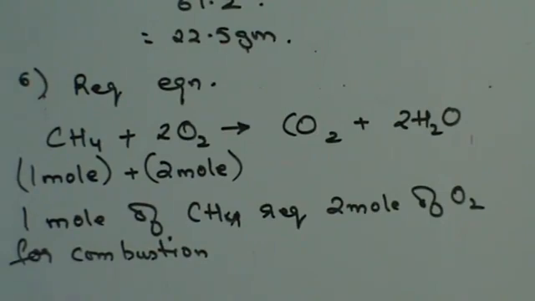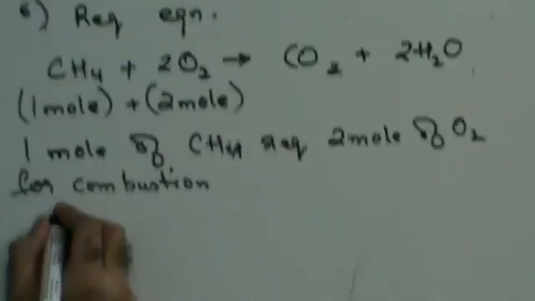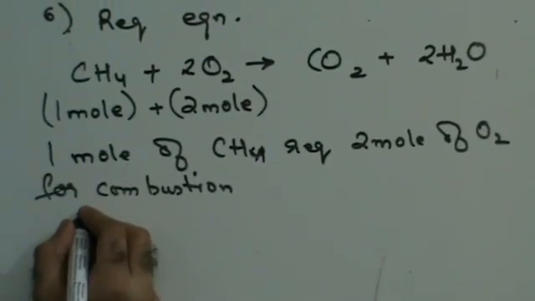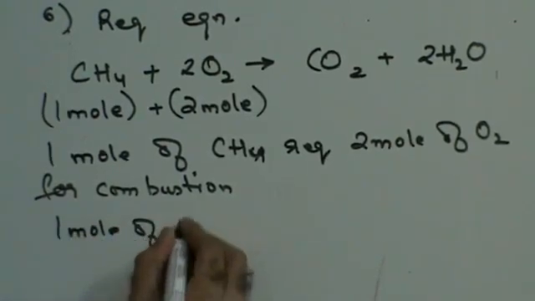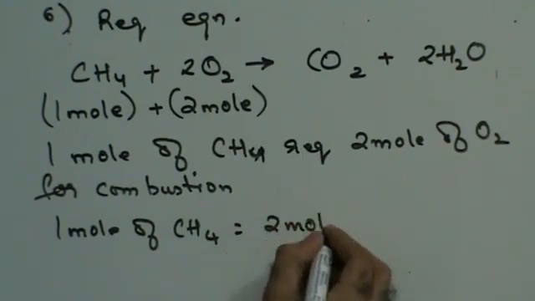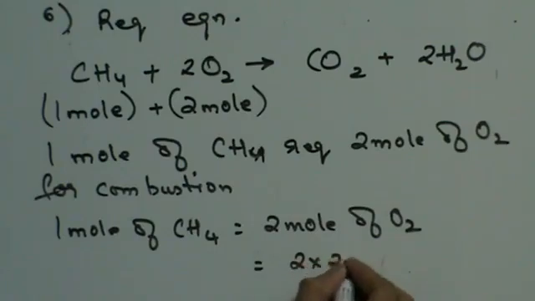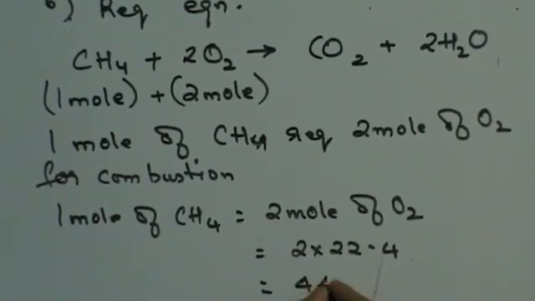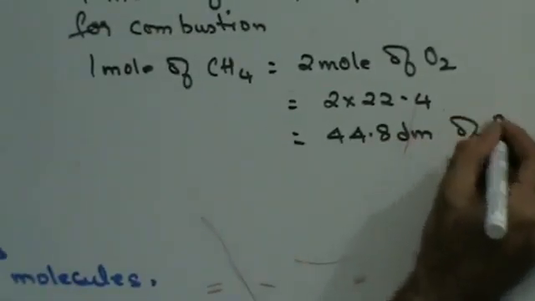Right? And 1 mole of any gas occupies 22.4 decimeter cube. That means 1 mole of methane requires 2 moles of oxygen, which is 2 into 22.4, that is 44.8 decimeter cube of oxygen.